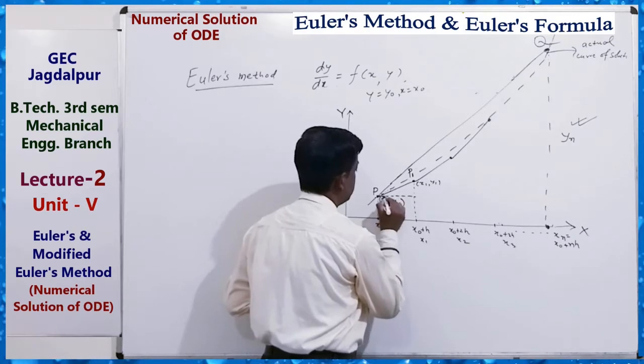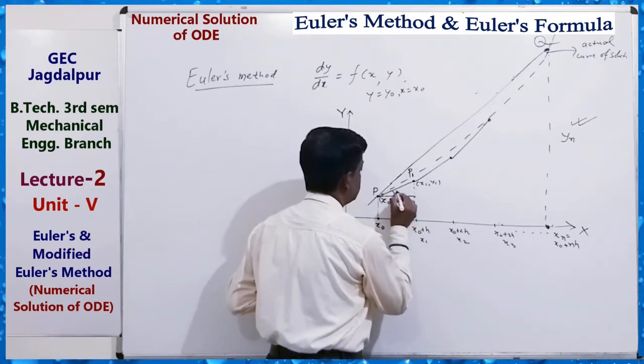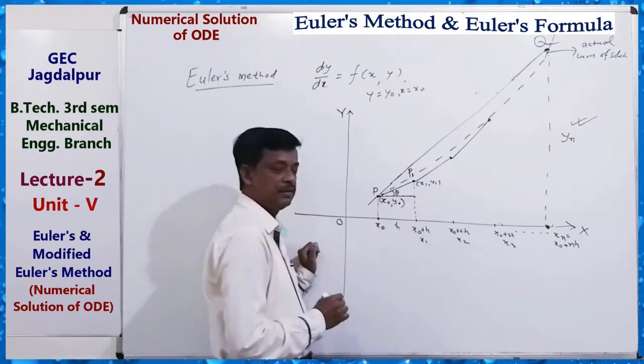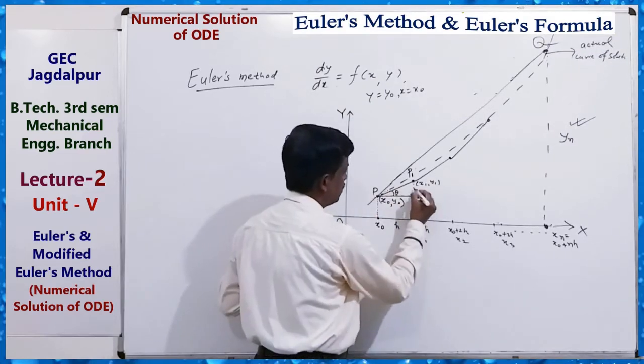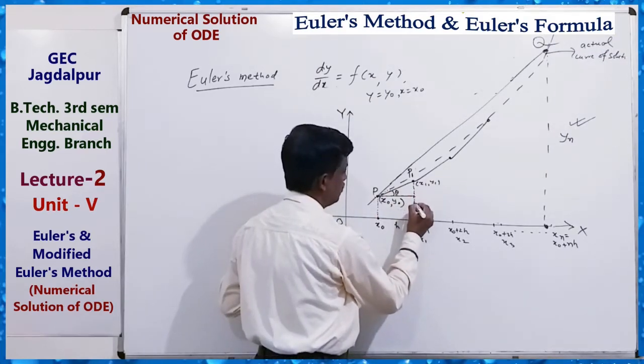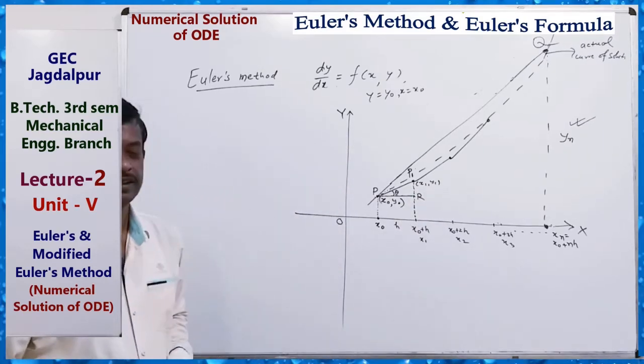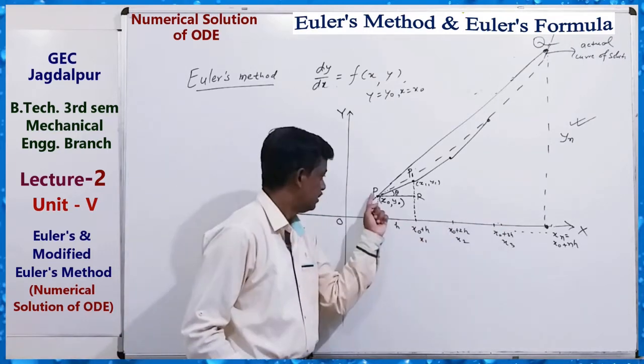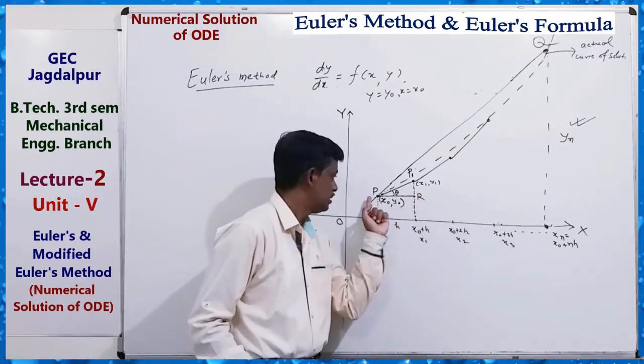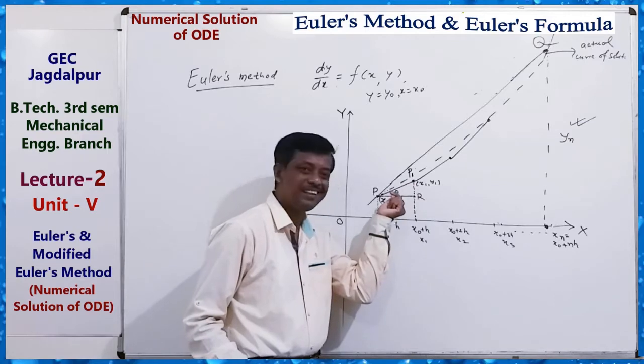If this is theta, and suppose this point is R, this is the x-axis, this is parallel to the x-axis, this is the line, the slope is tan theta.